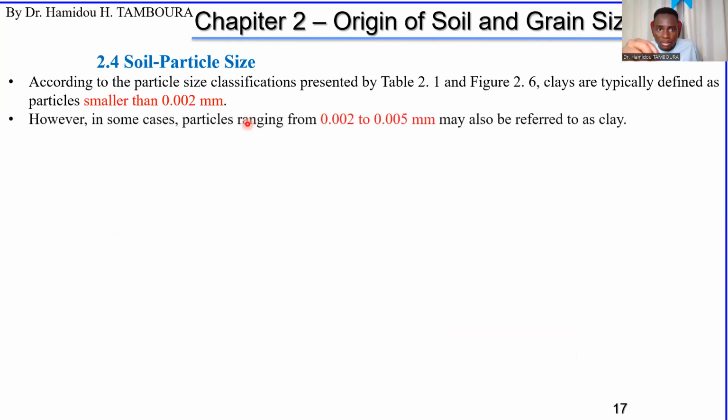Okay, but actually, some particles in this size range, from 0.002 to 0.005 millimeter, are not clay mineral actually. So in some cases, particles ranging from 0.002 to 0.005 millimeter, we can also call them clay.